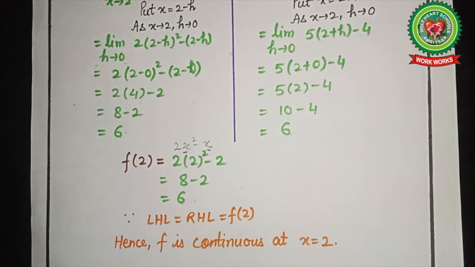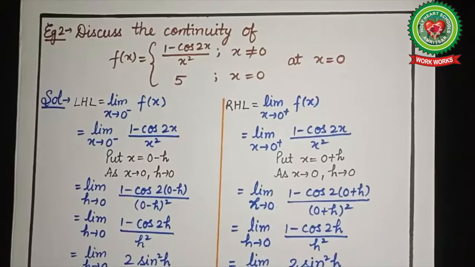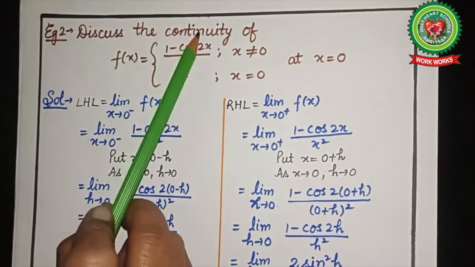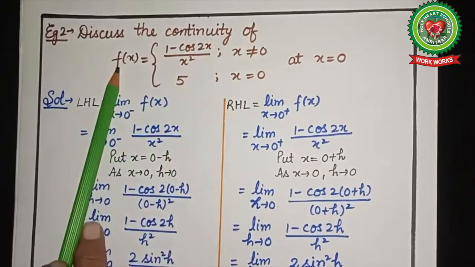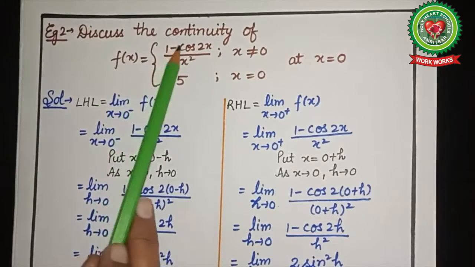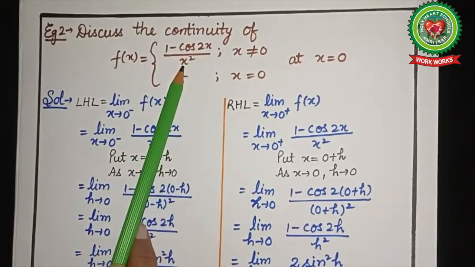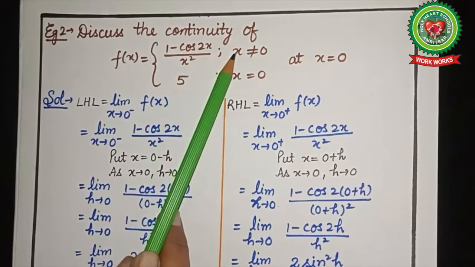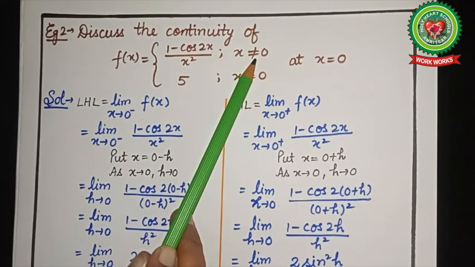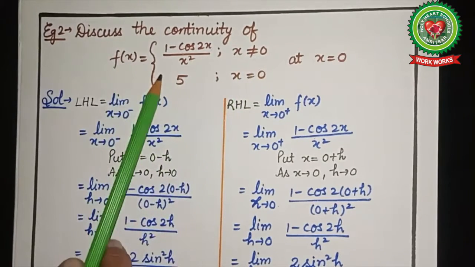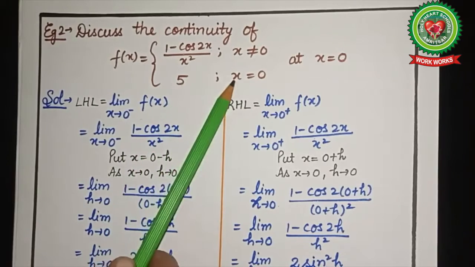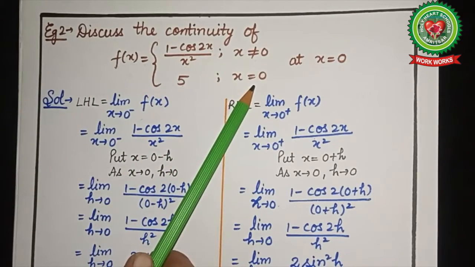Now let's discuss the next example. Discuss the continuity of f(x) equal to (1 − cos 2x) upon x² for x not equal to 0, and f(x) equal to 5 when x equal to 0.